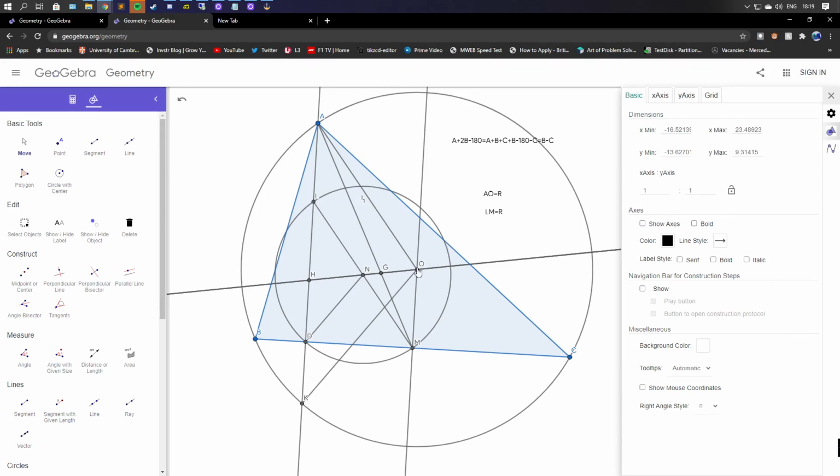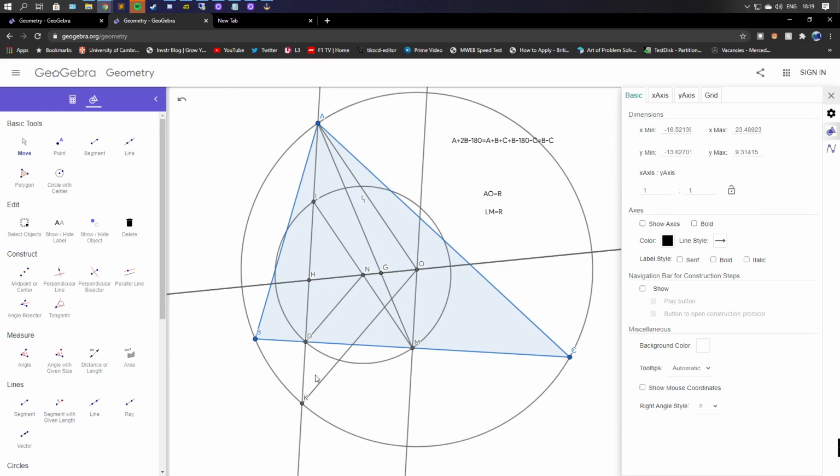Oh yeah, OK is equal to OA, which means that OAK is equal to OKA by base angles of an isosceles triangle, which means that OKA is equal to B minus C as well.